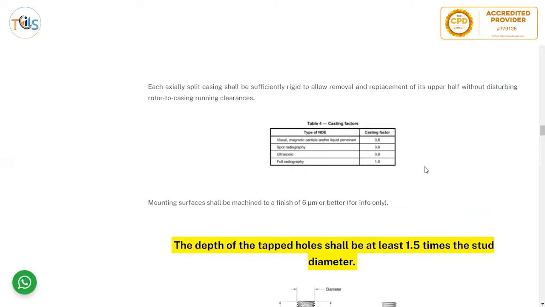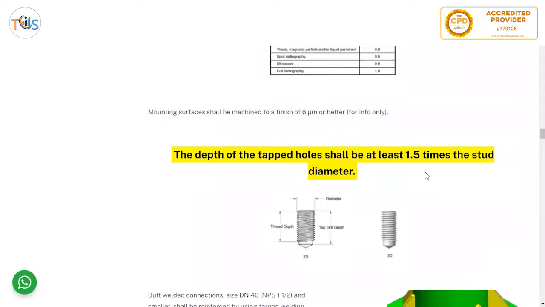And this directly reduces the thickness because your degree of certainty increased, so your safety factor can decrease. The thickness can be reduced in the case of the casting. Joint efficiency is directly multiplied pro rata to the thickness.